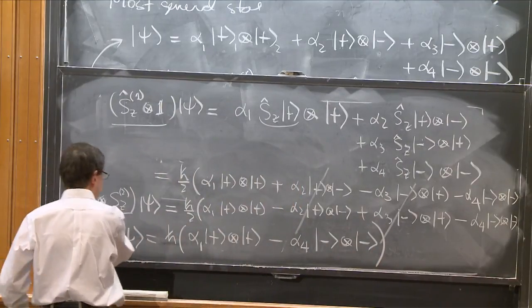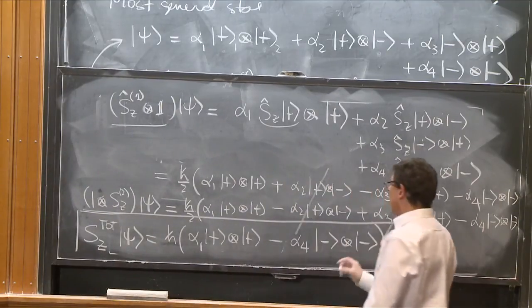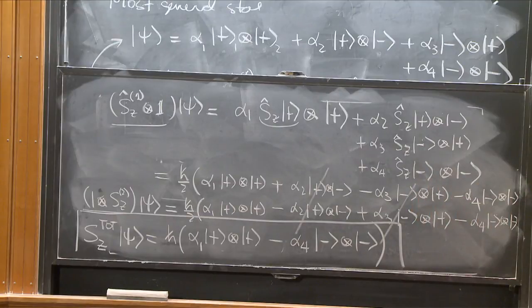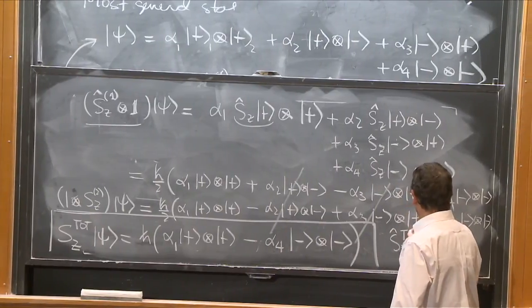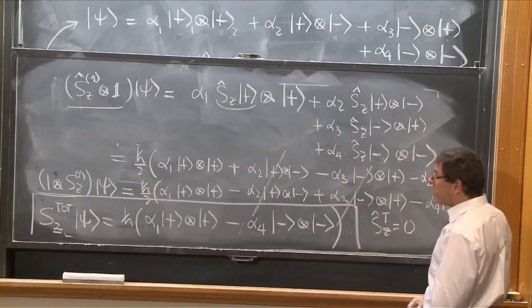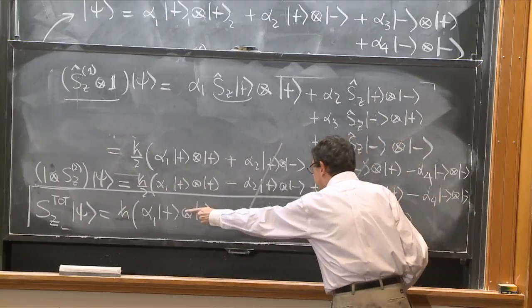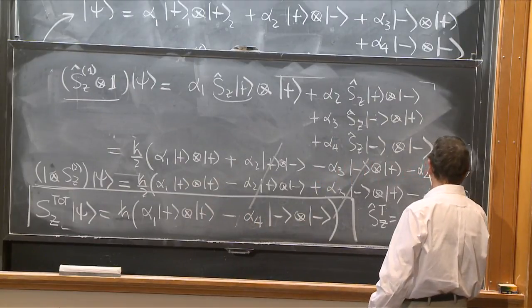That's the whole action of Sz on this thing. And if you wanted a state with total Sz equals 0, then you would have to put alpha 1 and alpha 4 to 0.